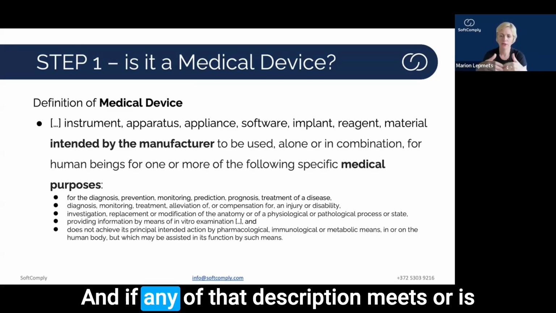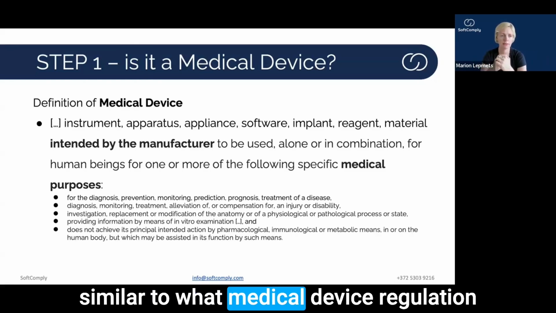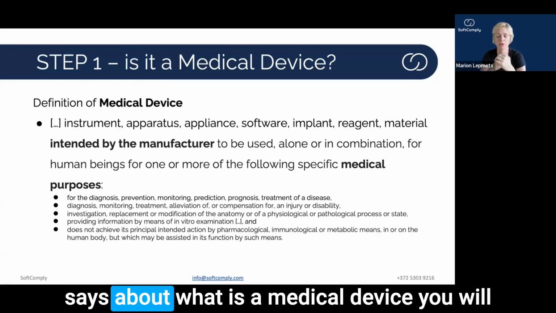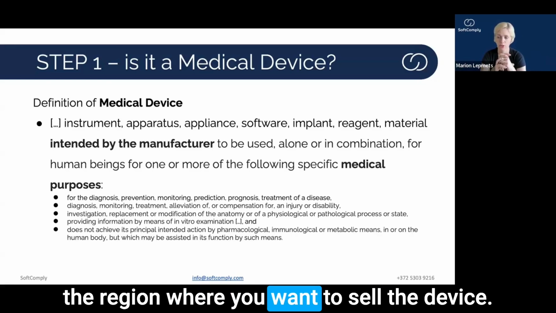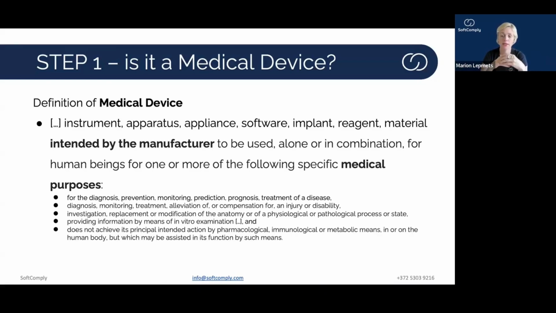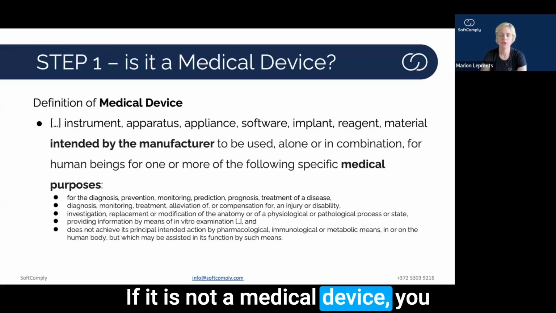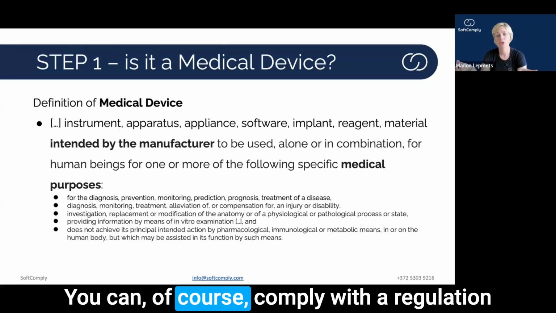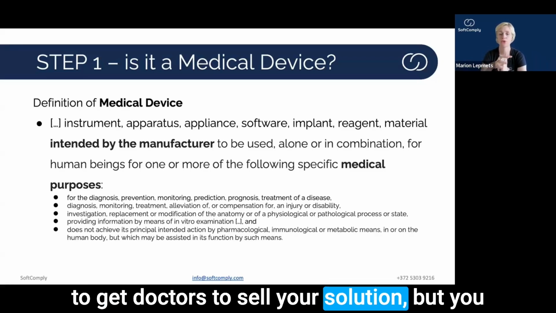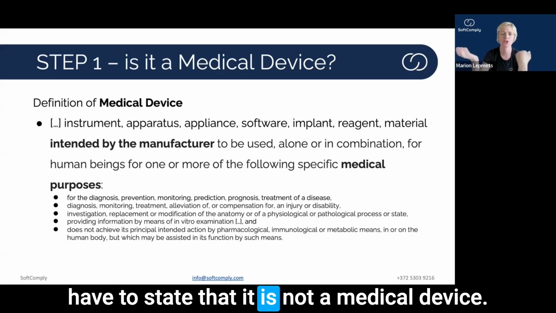And if any of that description meets or is similar to what the medical device regulation says about what is a medical device, you will have to comply with the applicable laws of the region where you want to sell the device. If it is not a medical device, you cannot market it as a medical device. You can, of course, comply with the regulation to get doctors to sell your solution, but you have to state that it is not a medical device.